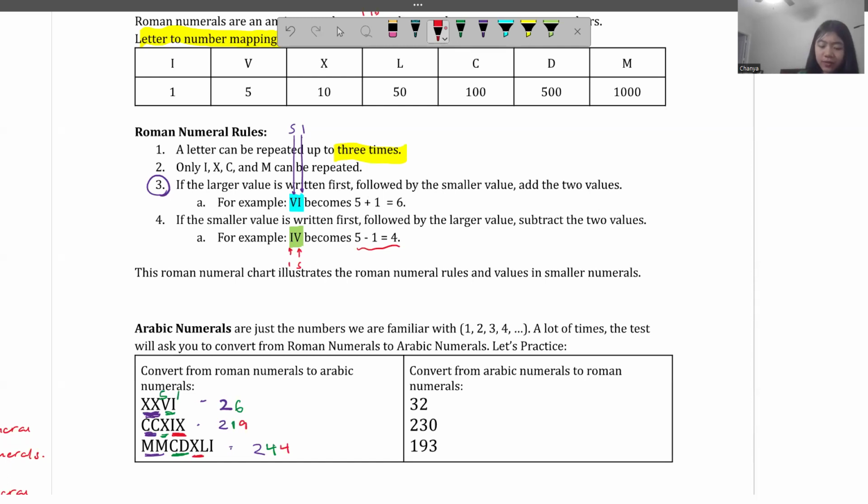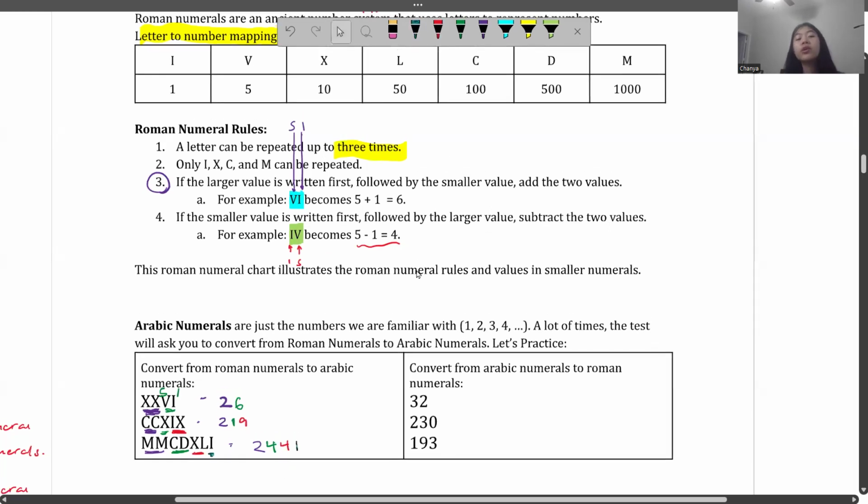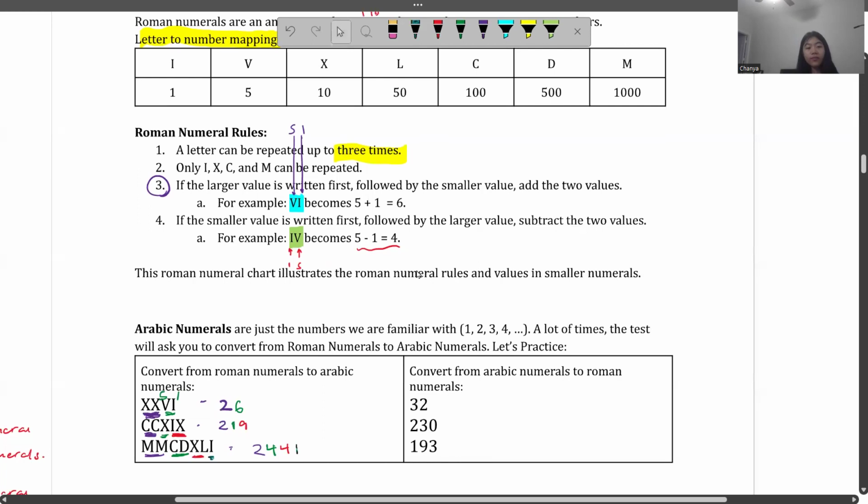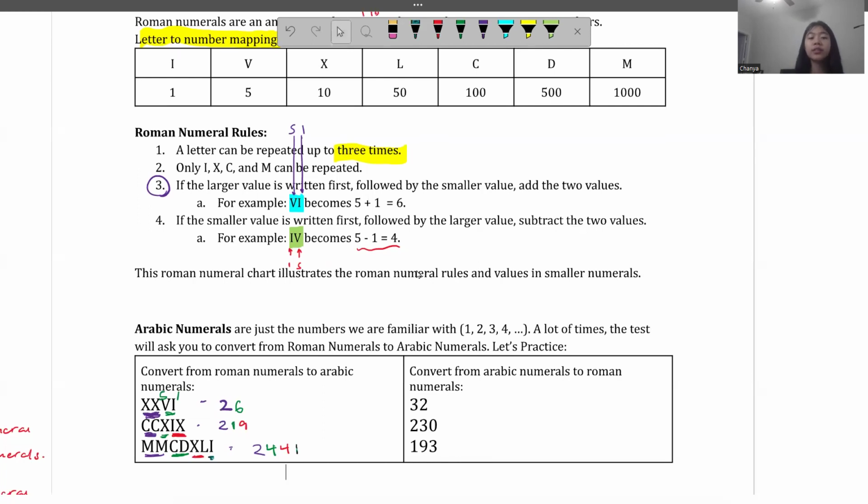And then what's left? That's just an I, and the value of I is 1. So therefore, you should get 2,441. I have them color-coded here, so if you want to pause the video and look, that would be fun.